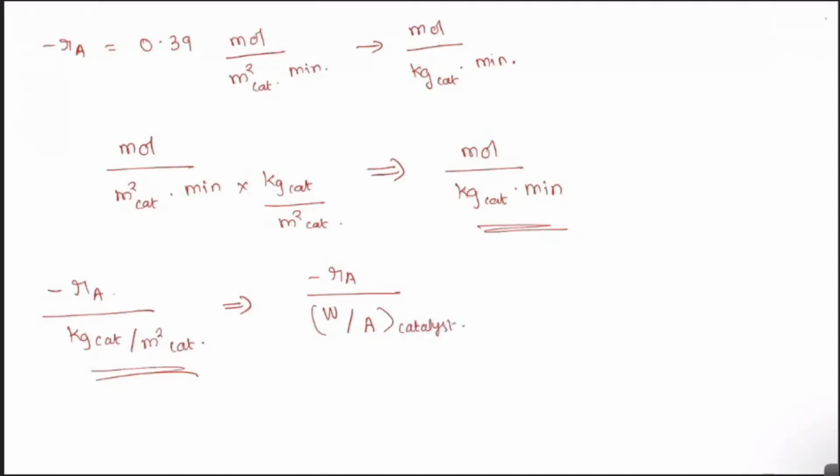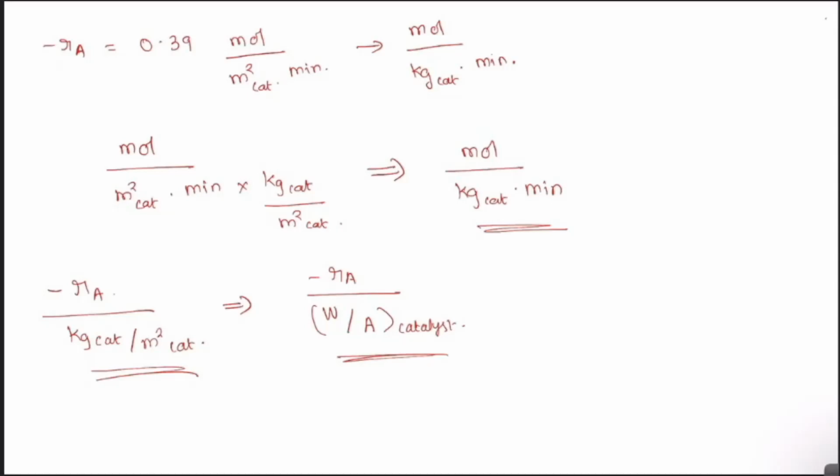If we divide our given rate by weight per area of the catalyst, we'll get the required reaction rate in terms of mole per kilogram catalyst per minute. So let us see how we can find this weight per area of the catalyst, and finally see how we can find the final answer.